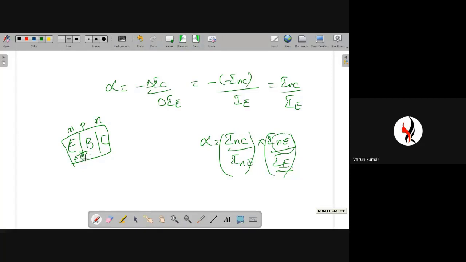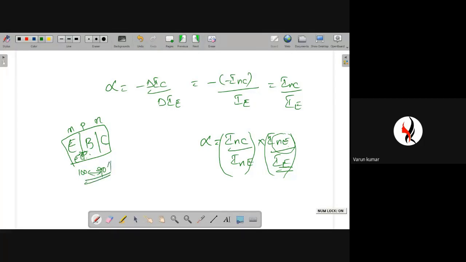It is how many of the electrons emitted by the emitter exactly reach the junction J. That is denoted with gamma.